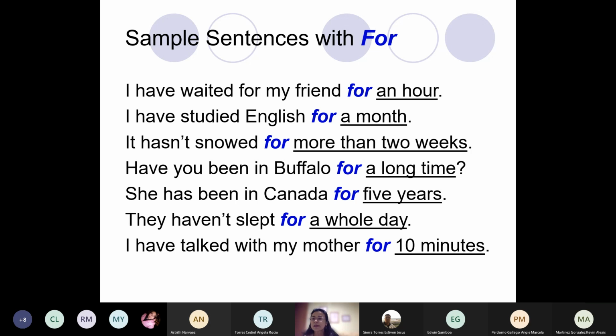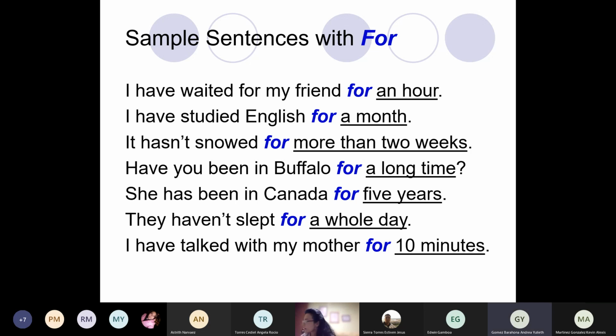Number 2. Can you help me with number 2? Andrea Gomez? Yes, teacher. Can you read the sentence number 2?